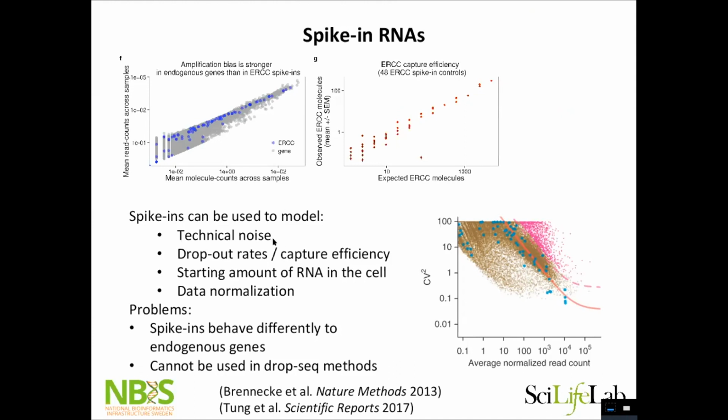We can use it to model technical noise and dropout rates. So for each experiment, we can see how efficient the reverse transcription was in that single well or whatever you're using. Sometimes in the beginning, people tried to use it for data normalization, but it turns out that normalization by spike-in is almost just introducing noise.